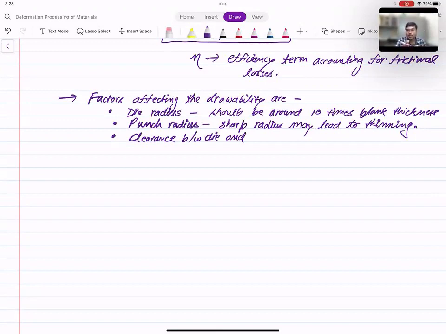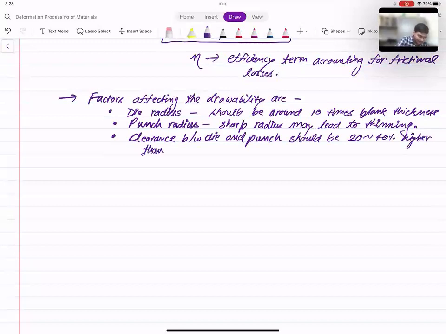There should be some clearance between the die and punch so that the punch can easily carry the sheet into the die cavity, for easy movement of the punch. So the clearance between die and punch should be 20 to 40% higher than the sheet thickness.